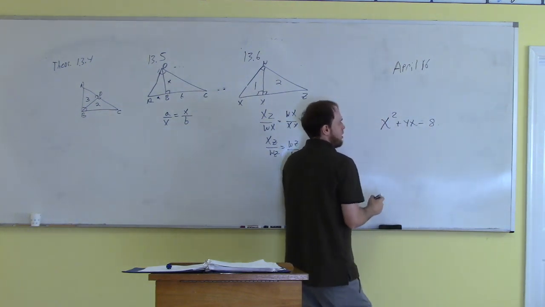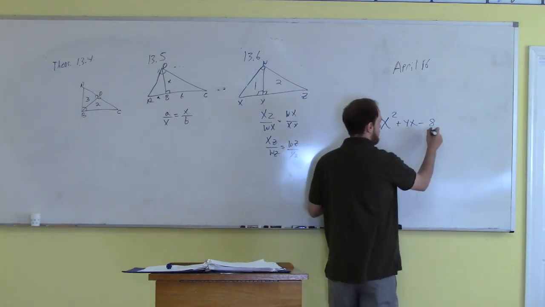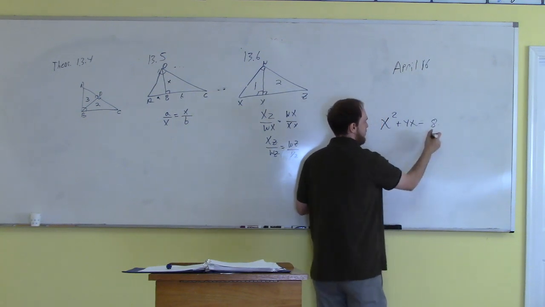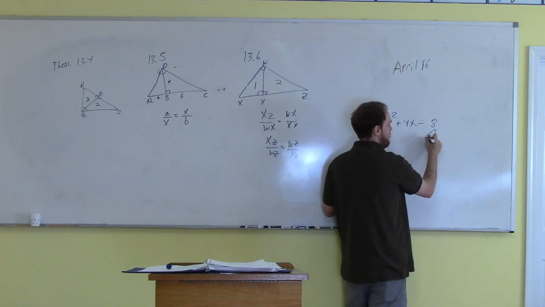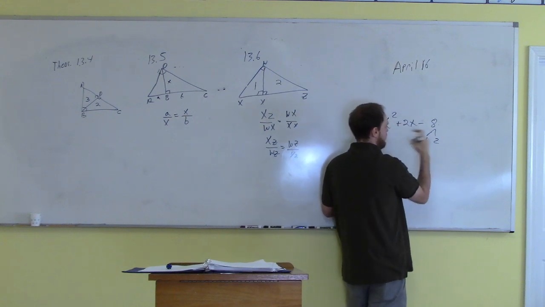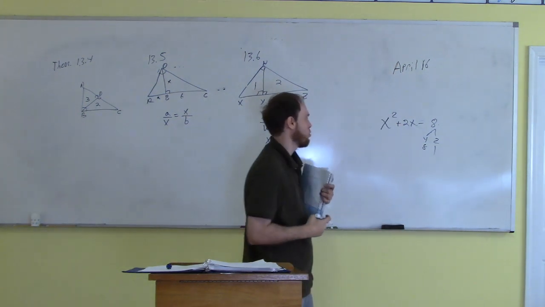I think that'll work. And so we're going to do the factors of 8. The factors of 8 would be 4 and 2, and then 8 and 1. So I'll change that to 2x to make it work.